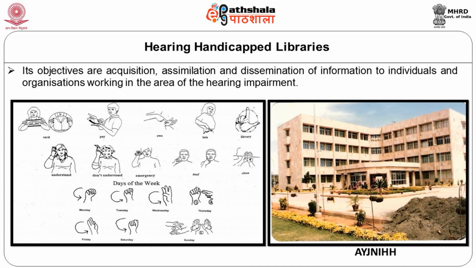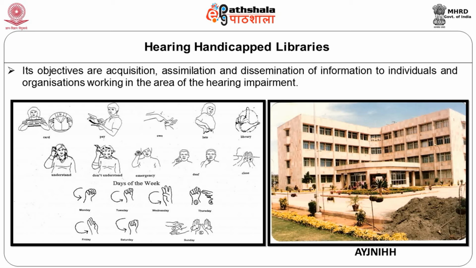Here, hearing handicapped libraries are for the speech impaired, speech and language disorders, non-verbal communication, sign language, communication disorders, etc. Acquisition, assimilation and dissemination of information to individuals, organizations and institutions working in these libraries on an ongoing basis is a major activity of the libraries.